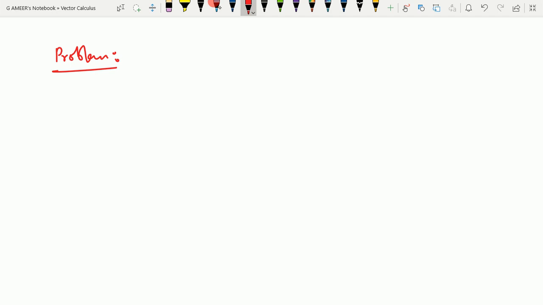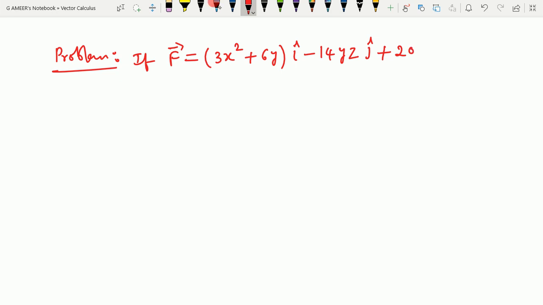If F is equal to (3x square plus 6y) i cap minus 14yz j cap plus 20xz square k cap.